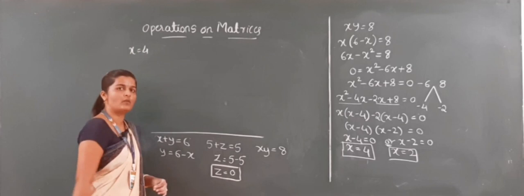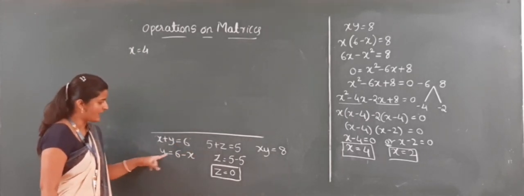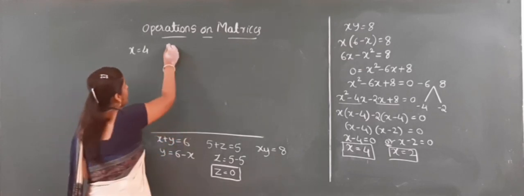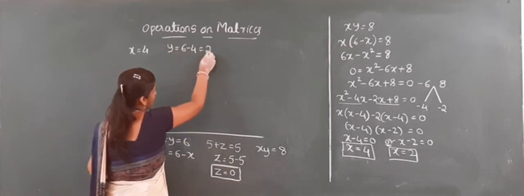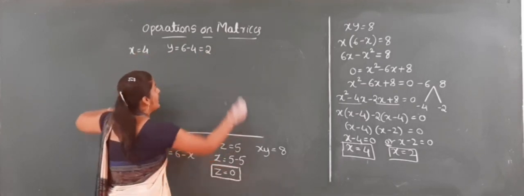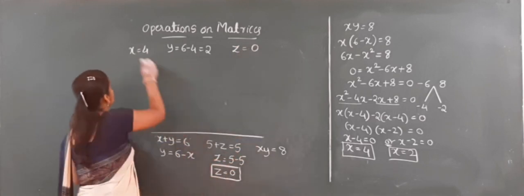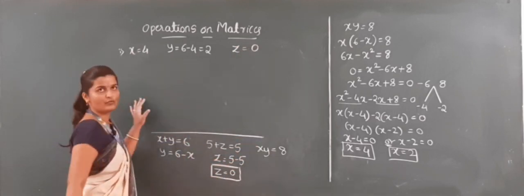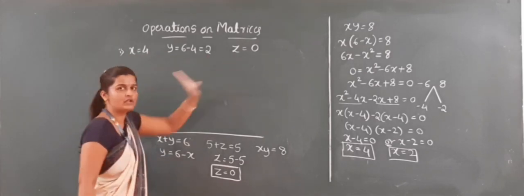See here, we got y equal to 6 minus x. So what will be the y value? 6 minus 4, that is 2. Whenever x equal to 4, y is equal to 2. And what is the z value? We already got that, it is 0. So whenever x equal to 4, our solution for x, y, z is 4, 2, 0.